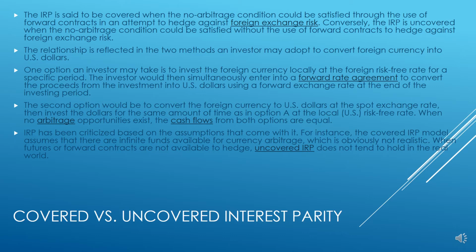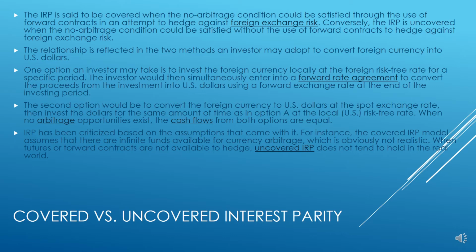IRP has been criticized based on the assumptions that come with it. For instance, the covered interest rate parity model assumes that there are infinite funds available for currency arbitrage, which is obviously not realistic. When futures or forward contracts are not available to hedge, uncovered interest rate parity does not tend to hold in the real world.